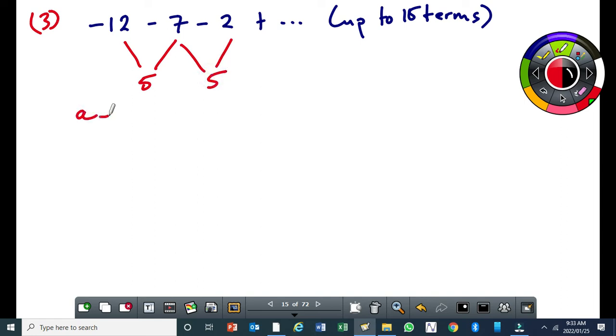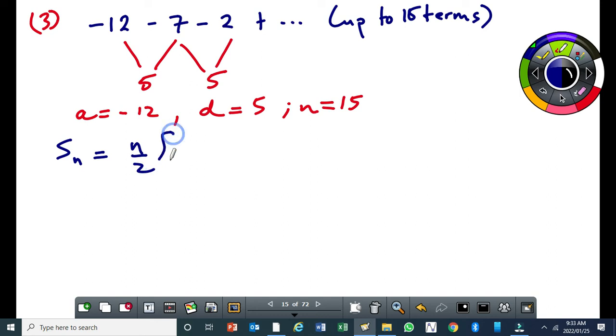So here a is going to be negative 12, d is going to be 5, and n is going to be 15. Okay? Then you have to write your formula first. Sn equal to n over 2 times 2a plus n minus 1 times d.